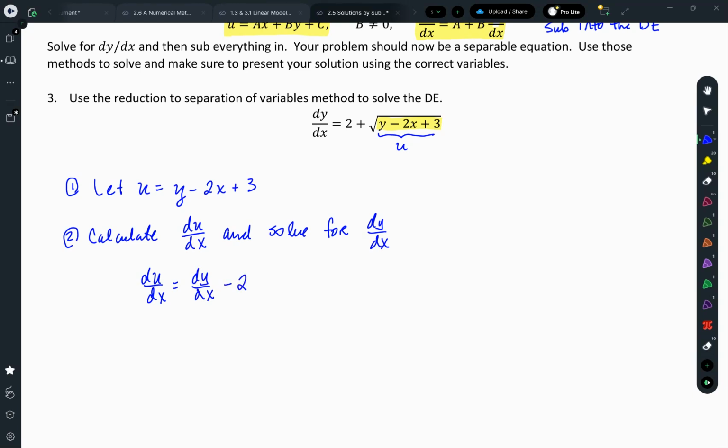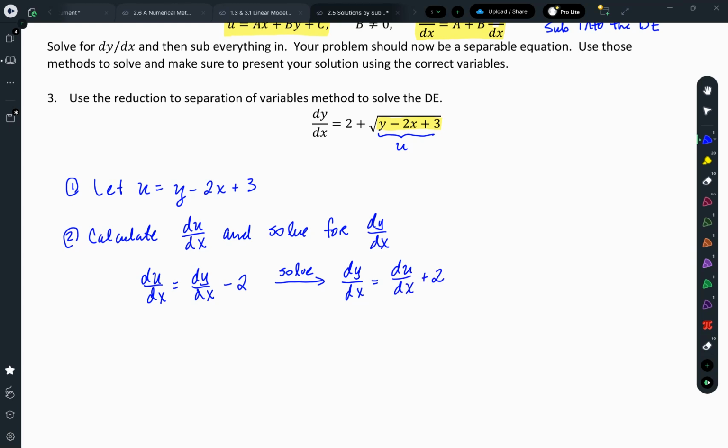So that's du dx. Now we'll solve for dy dx, and dy dx will just simply be du dx plus 2. All we had to do was move a 2 over, and they're generally pretty straightforward like this.